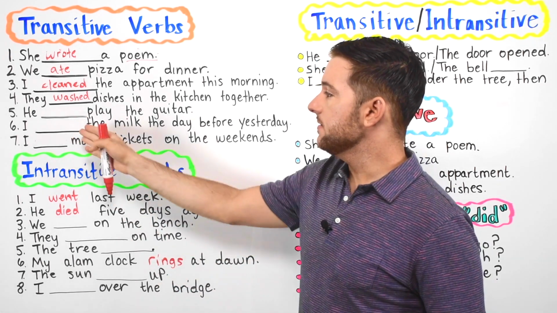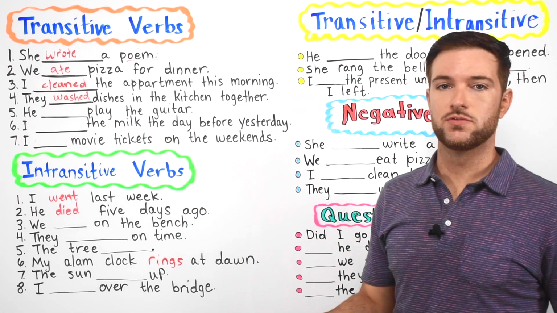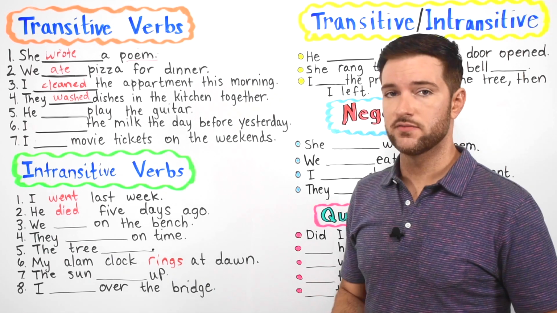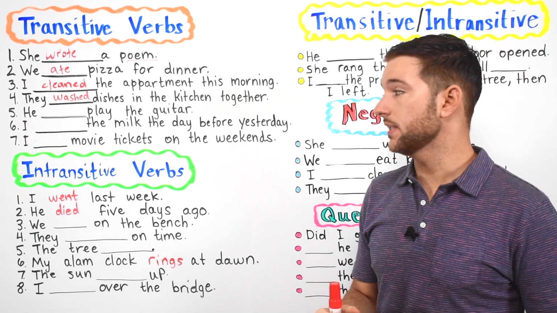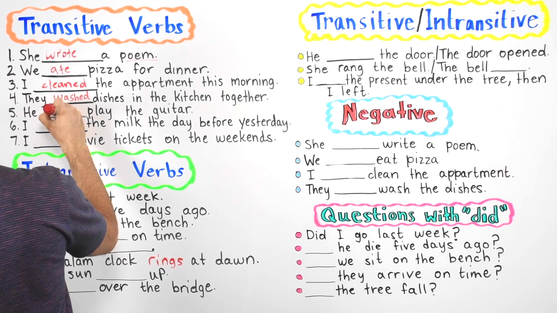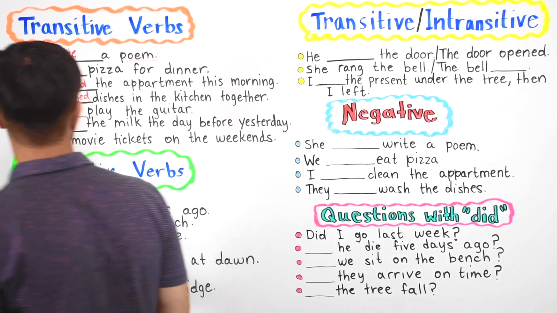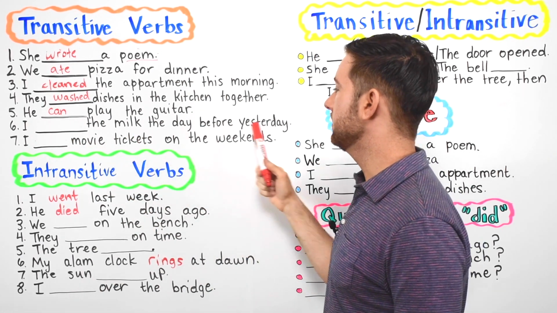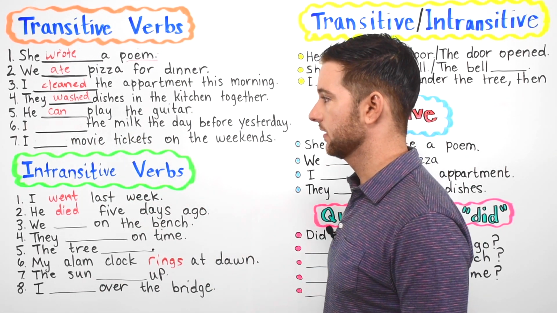Number 5, he blank play the guitar. So we're going to use a modal verb in this case. What can we say for number 5? He can play the guitar. Number 6, I blank the milk the day before yesterday.